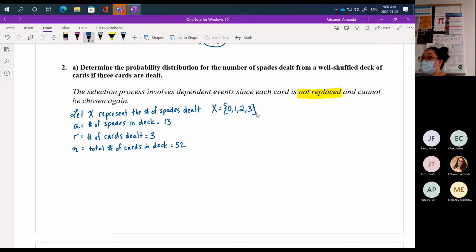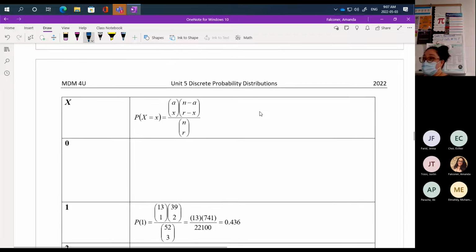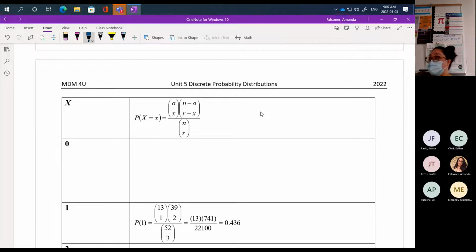So we have to do the formula 4 times. There's 4 different values that random variable x can take on, 0, 1, 2, 3. So there is a little chart there. One of them's already done for us. I'm going to put in this box just the even more specific than the one that's given there.